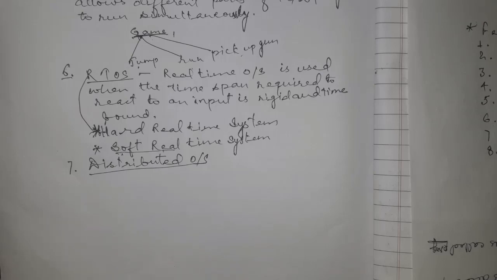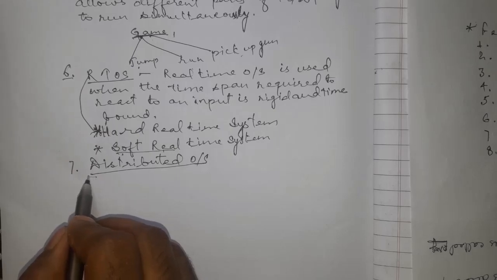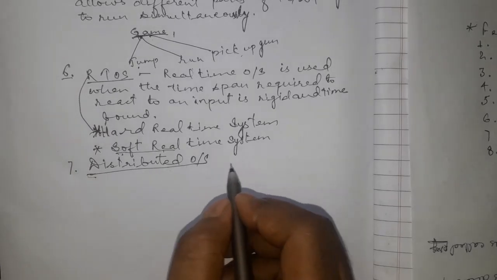Suppose 500 GB is in one computer, then in 6 computers, 500 times 6 is 3000 GB of space. Every computer can use the other computers' space and other devices also. Such a type of system is a distributed operating system.